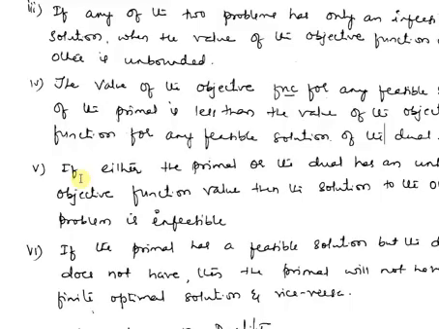I repeat, if either the primal or the dual has an unbounded objective function, then the solution to the other problem is infeasible, because the objective function value is unbounded. Either it can be a primal problem or a dual problem, but the objective function value is unbounded, and that is why the other becomes infeasible.